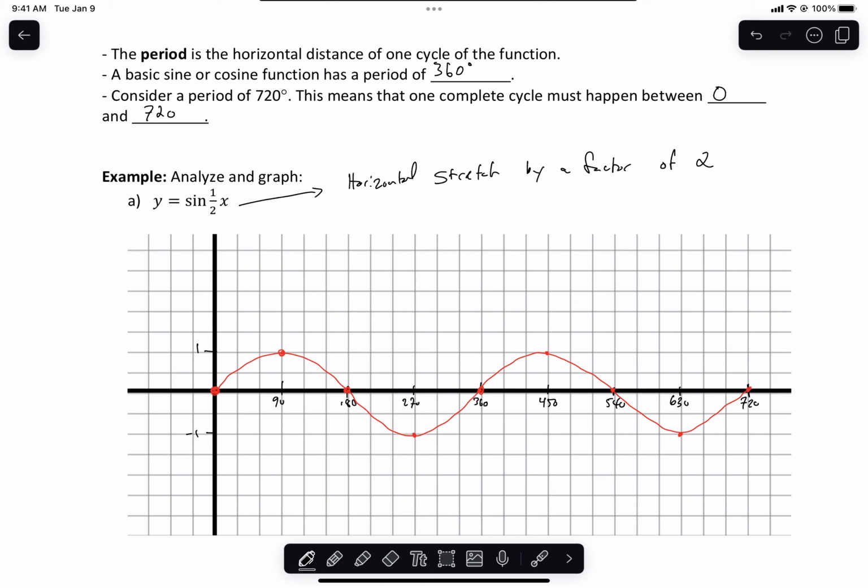If I wrote out my mapping statement, the x values are going to be multiplied by 2, and the y values are going to stay the same.